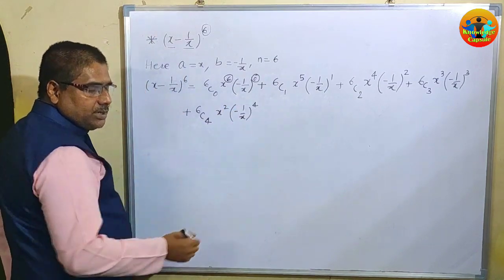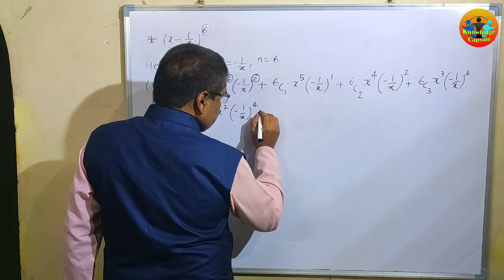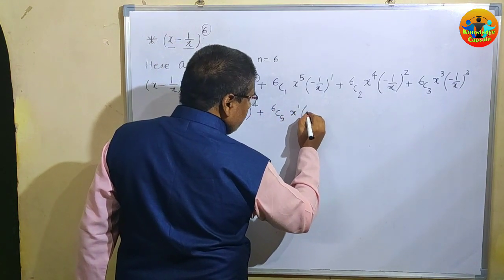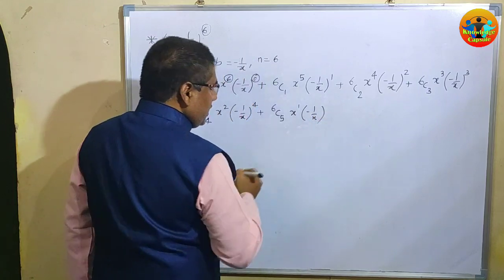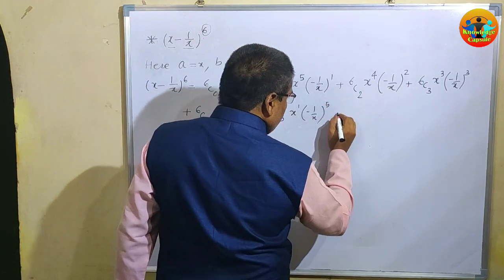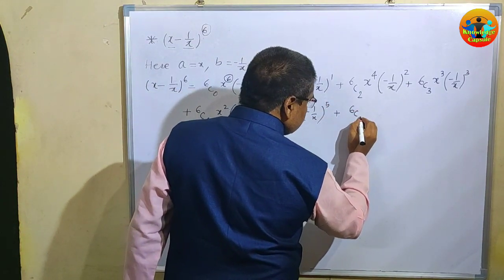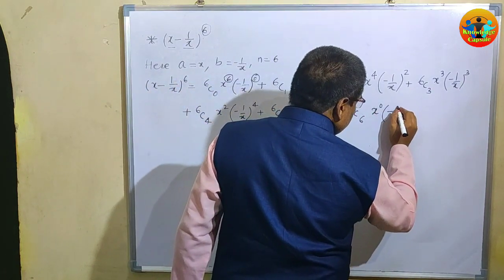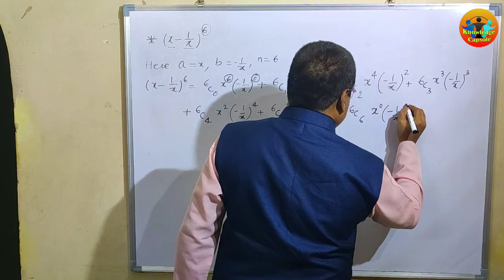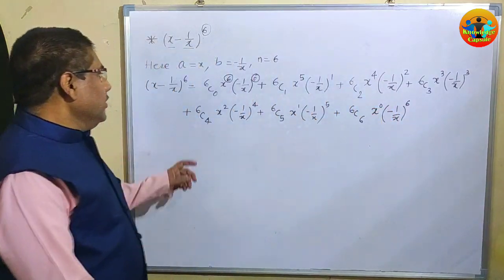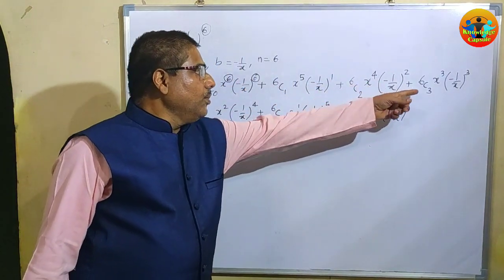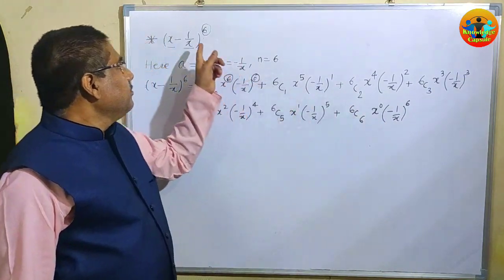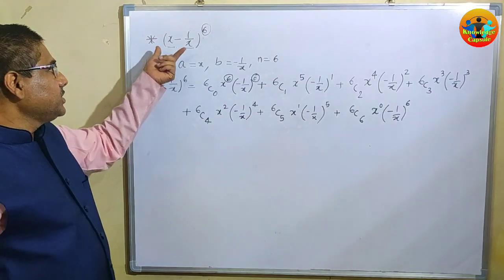The addition of these two indices is 6. Then 6C5 x raised to 1 into minus 1 by x raised to 5. And the last term is 6C6 x raised to 0 into b raised to n, that is 6. 1, 2, 3, 4, 5, 6 and 7. n plus 1 terms will be there in the expansion of this binomial.